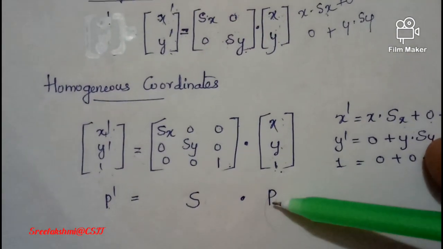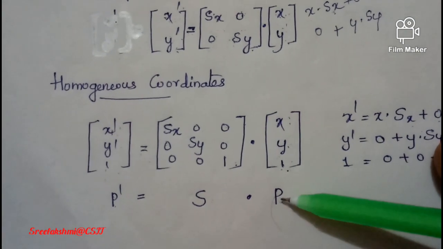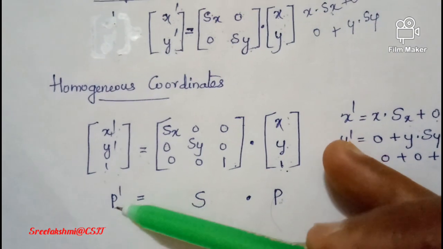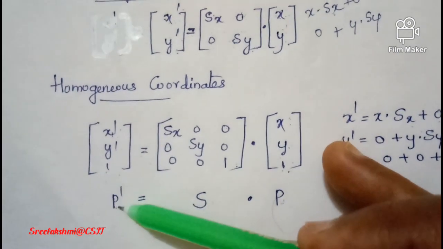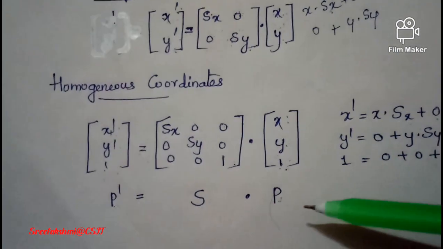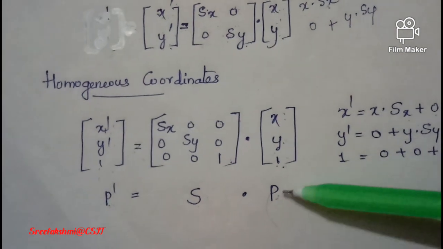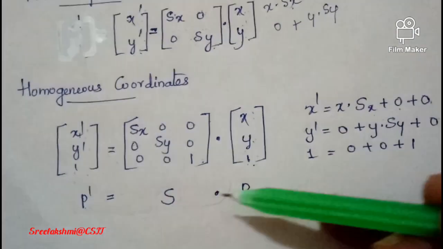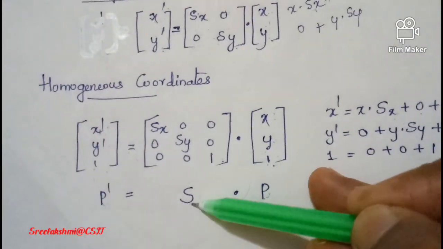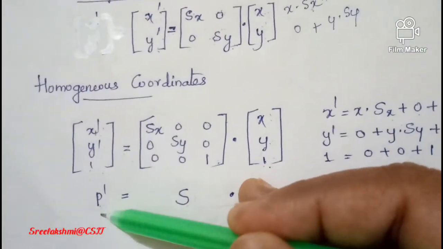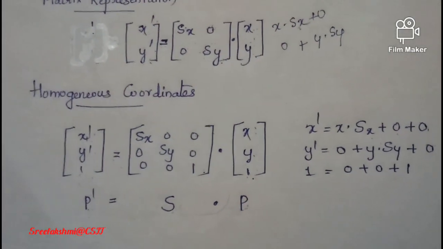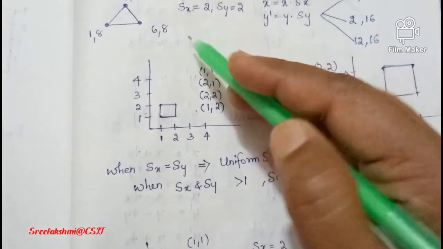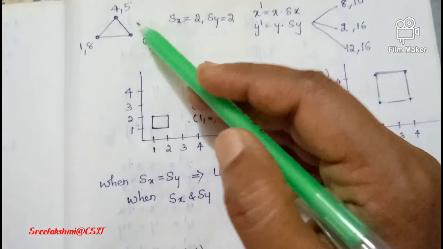I repeat, when you have an initial point and a scaling transformation is applied to it, you get a new position, which is the position obtained after scaling. So you have to read the equation from right to left. Initial point, do the scaling, and you get the final point. Clear? So this is all about scaling transformation.